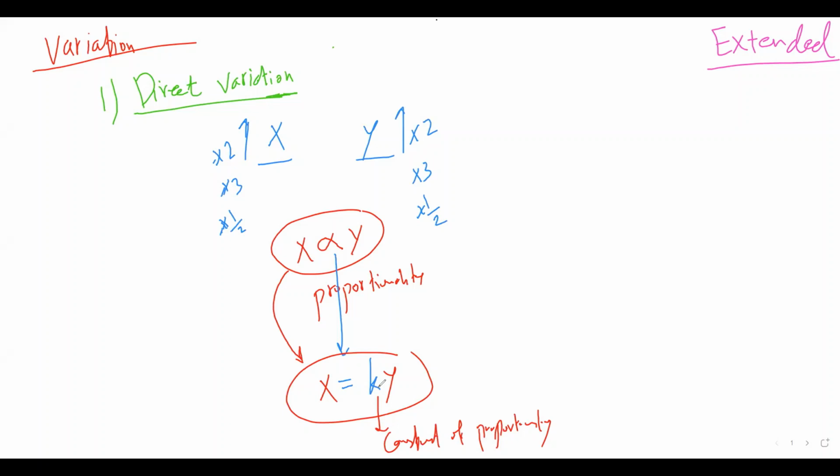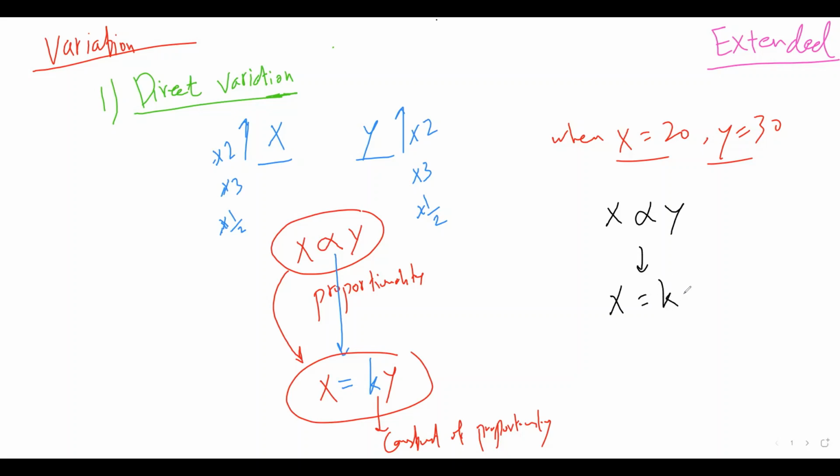For example, in the question, they say X and Y are directly proportional, and when X is 20, Y is 30. And then they ask you to write an expression which shows the relation between X and Y. Since in the question they mention X is directly proportional to Y, the first thing you write is this, and then you convert it to equality.